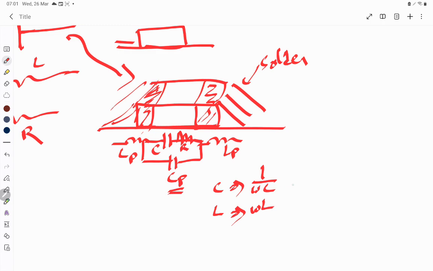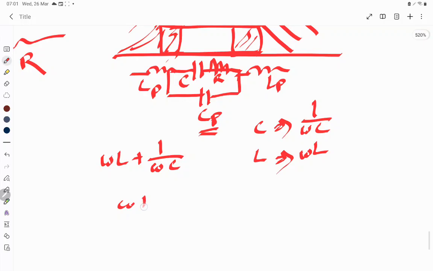By nature, if they are in series, with increasing frequency, one reactance goes down and the other goes up.